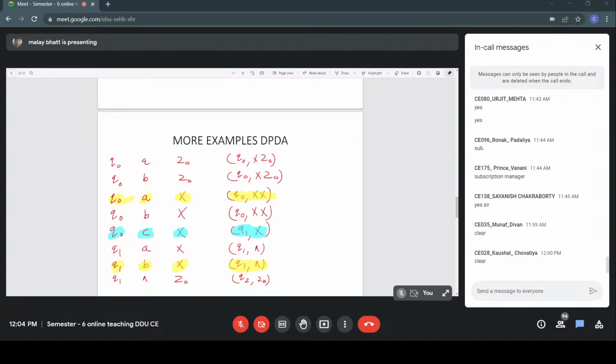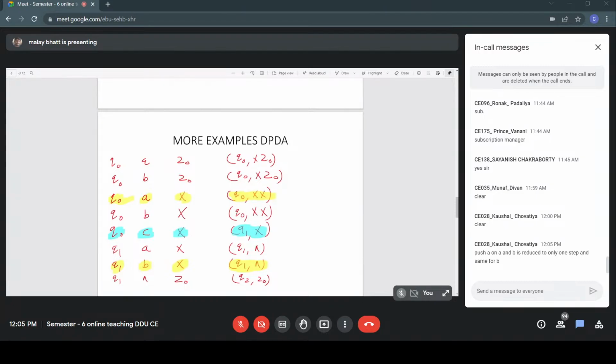How is it beneficial? Yes, those who attended all the lectures can easily tell.